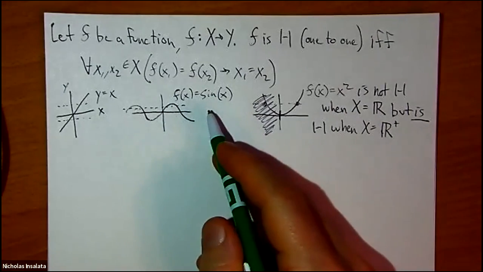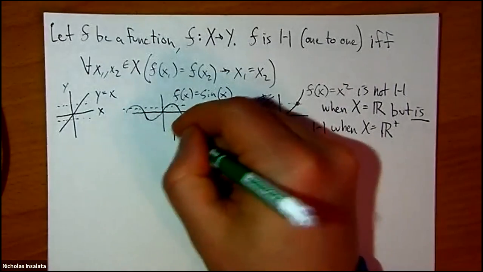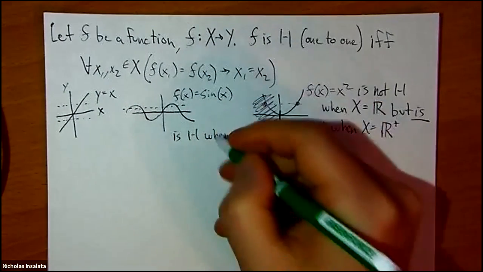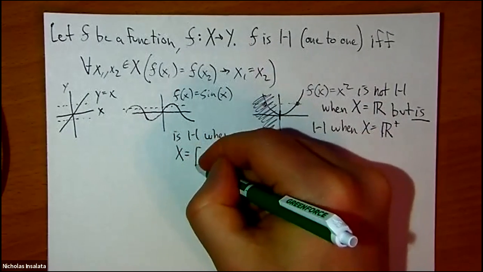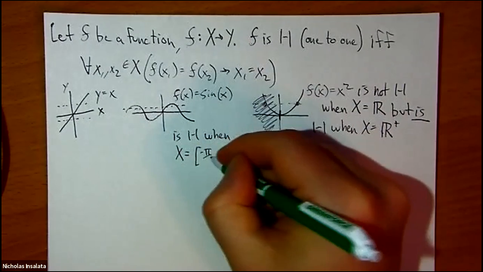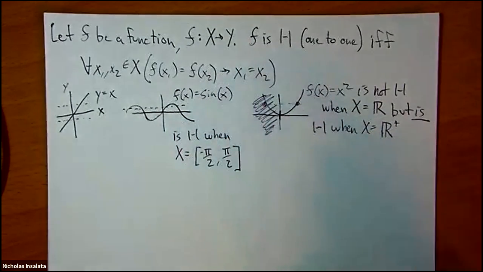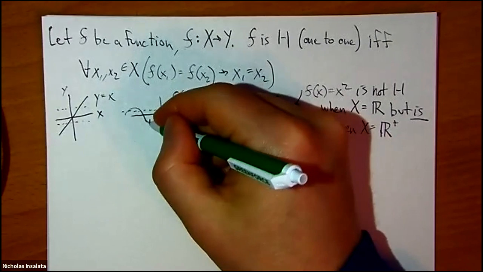Same thing here. Sine is one-to-one when the domain is the interval from negative pi over 2 to pi over 2. Right, because here would be negative pi over 2.